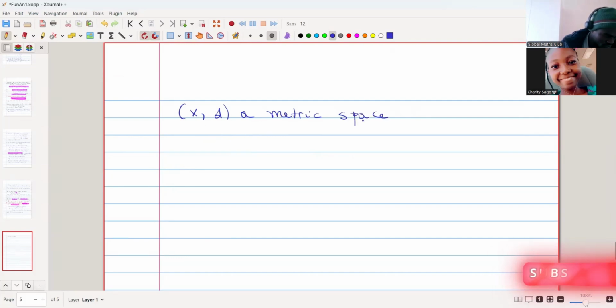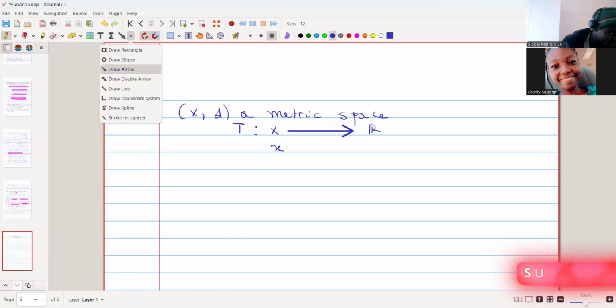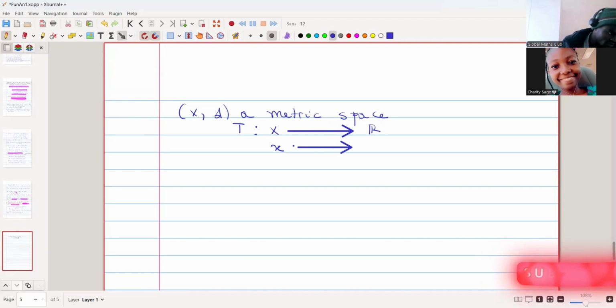Now you have T from X to R such that if you take an element small x in capital X, you have d(x, a), so the distance between x and a.